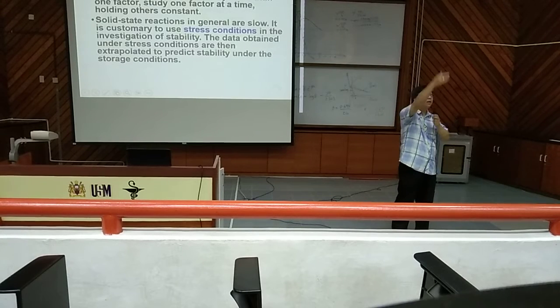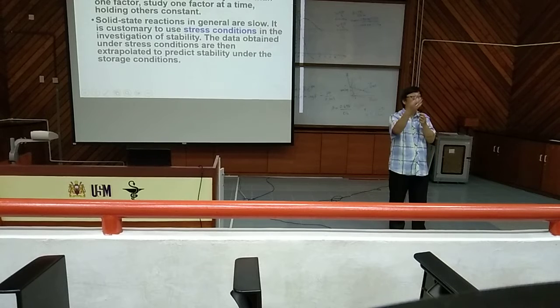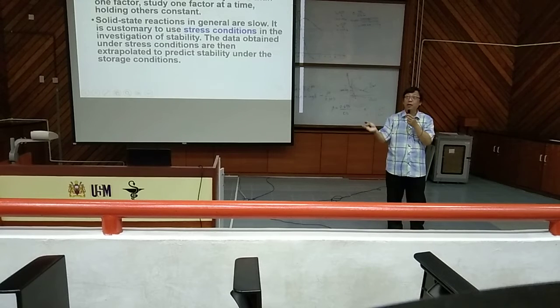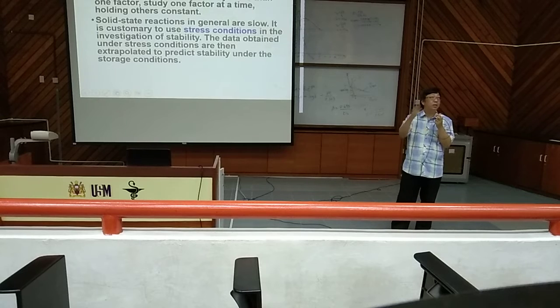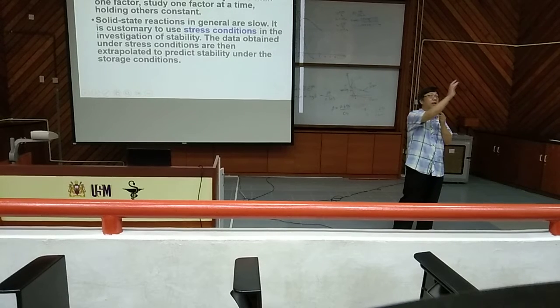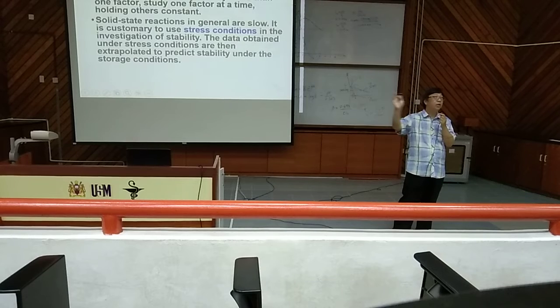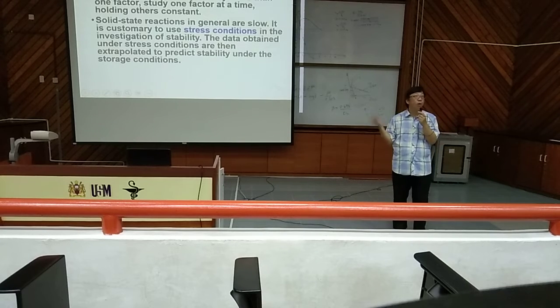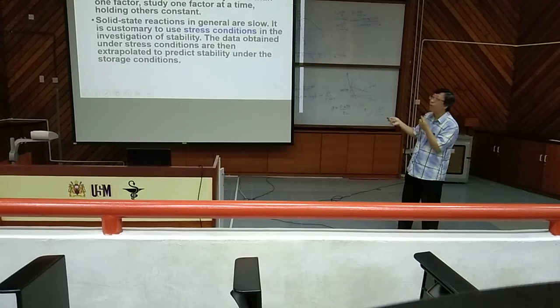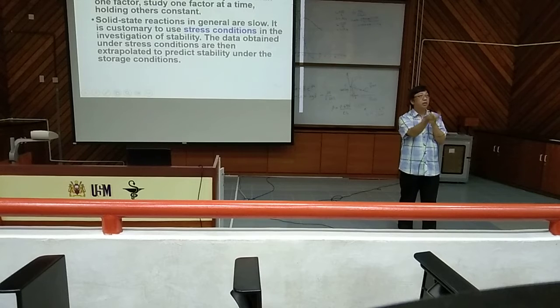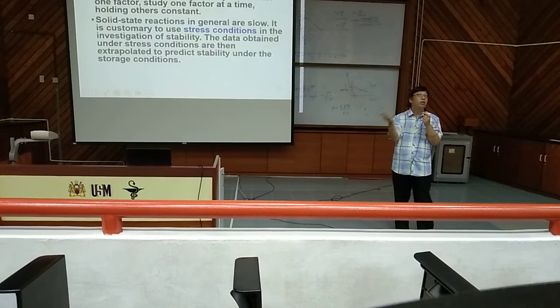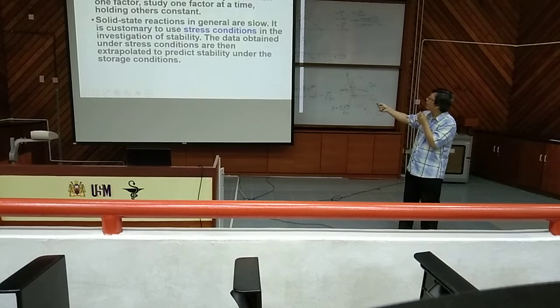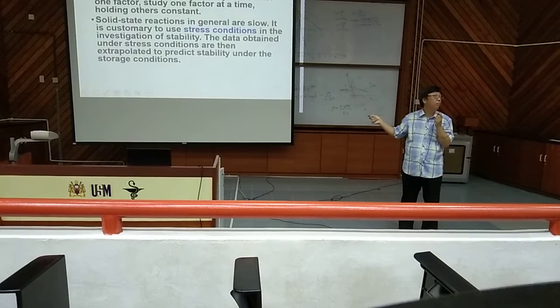A lot of imported products from Europe don't do stability at 40°C, 75%, because their countries do not fall in our zone. So for zone 4B, you follow two temperatures, 30 and 40, with 75% relative humidity, so you have the effect of heat and also moisture.